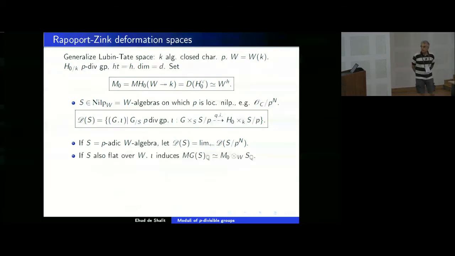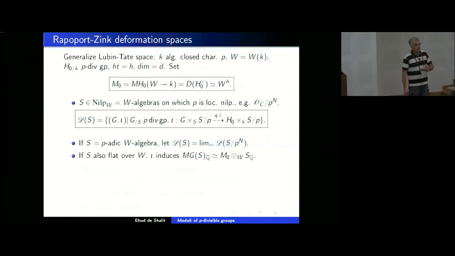I guess you probably need to modify some. Oh yeah, always up to isomorphism. The isomorphisms respect the G and iota. Always you respect G and iota, otherwise there's no chance of being representable because it's not rigid.